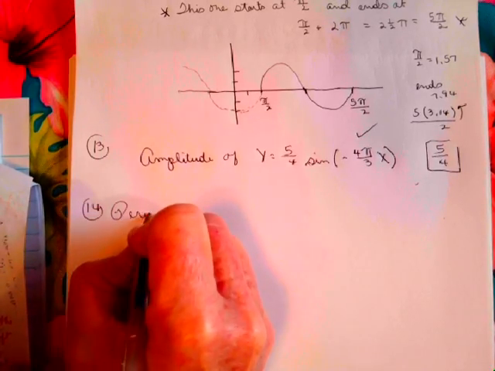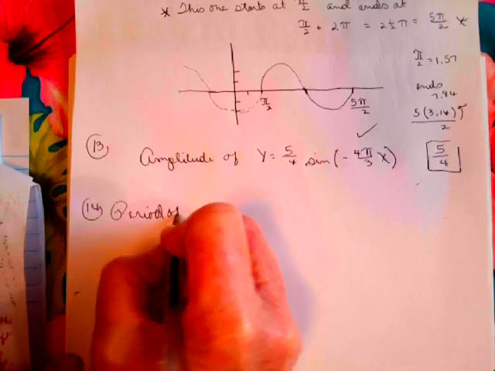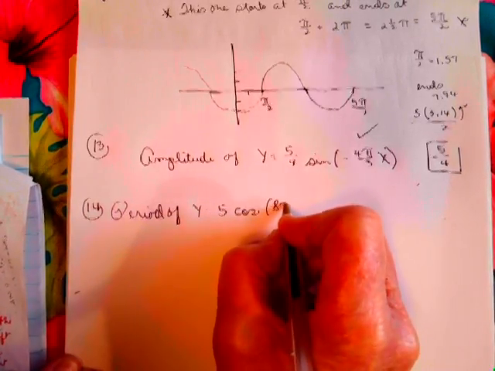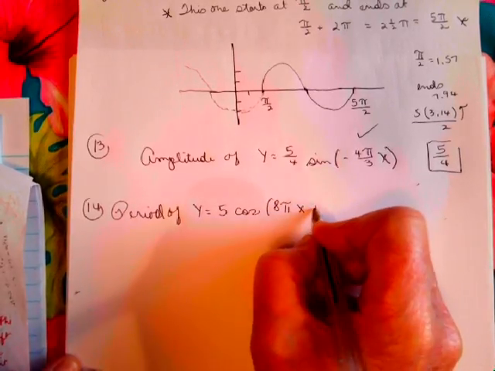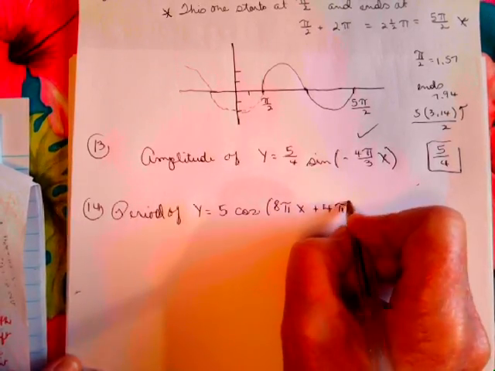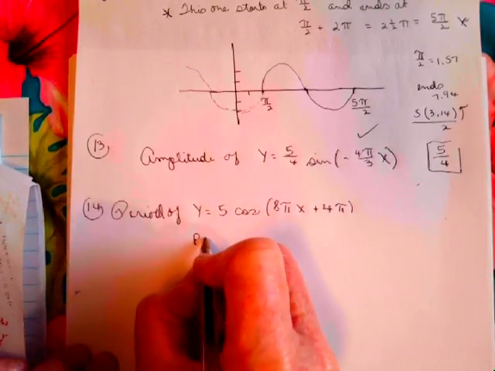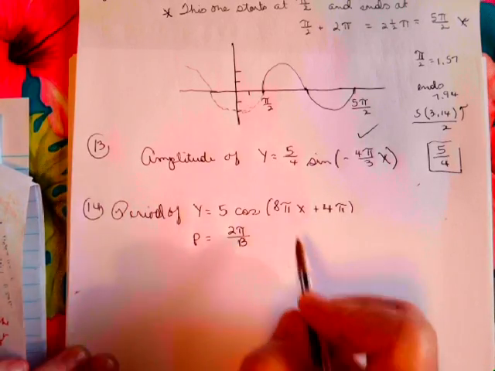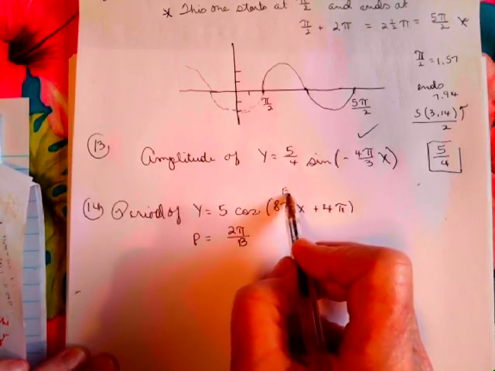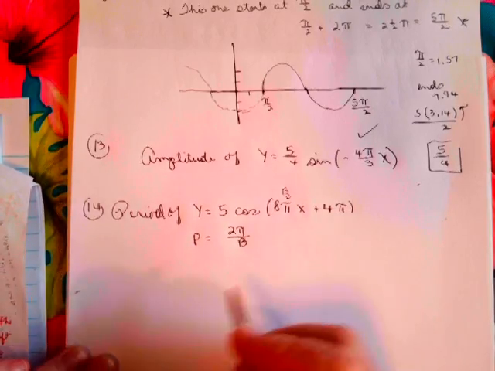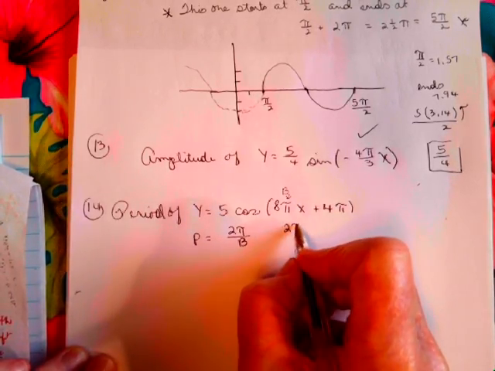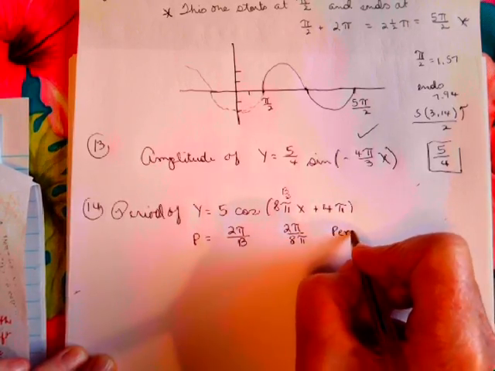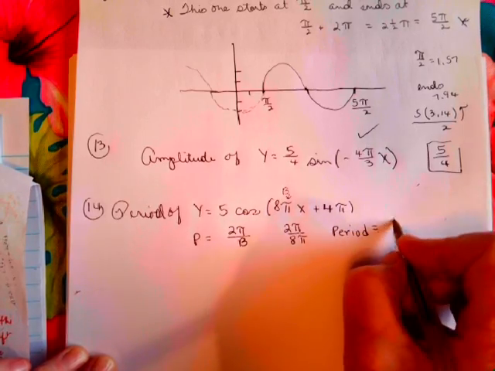Find the period of y equals 5 cosine of 8 pi x plus 4 pi. Period equals 2 pi divided by b. There's b. It's whatever's in front of that x. So this is 2 pi divided by 8 pi. The period equals 1 over 4.